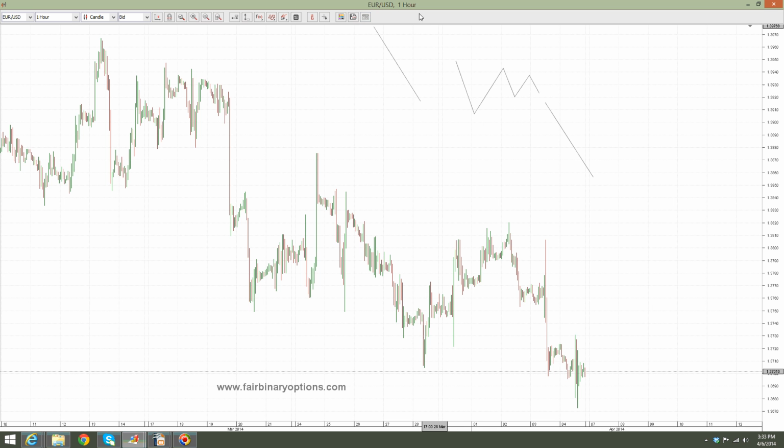So this is the bearish trend, or the downward trend. This is the contracting triangle, and this is the continuation of the trend, or the moment when the trend is resuming the slide.